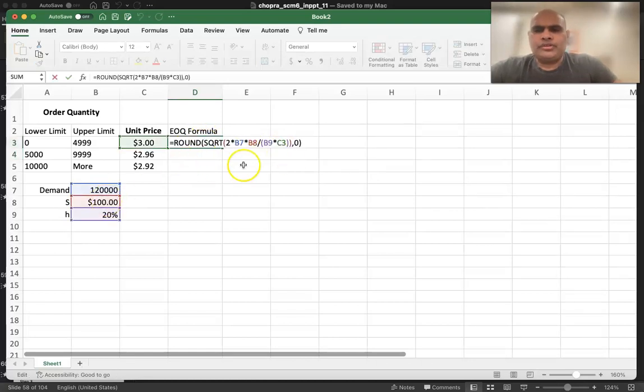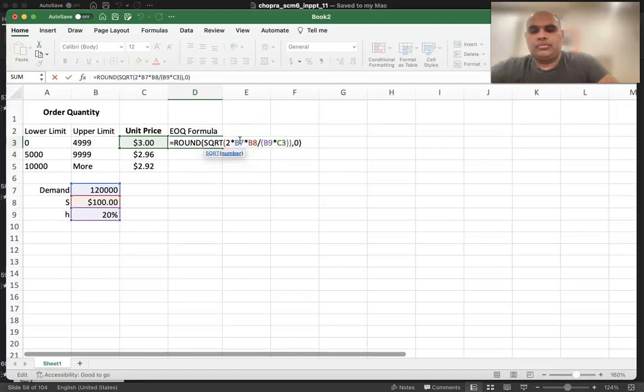Now, a few things. Because I want to copy these formulas down, the demand, the unit ordering cost, and the holding cost percentage are all fixed, whatever the value of unit price. So all of these three things are going to be absolute references.